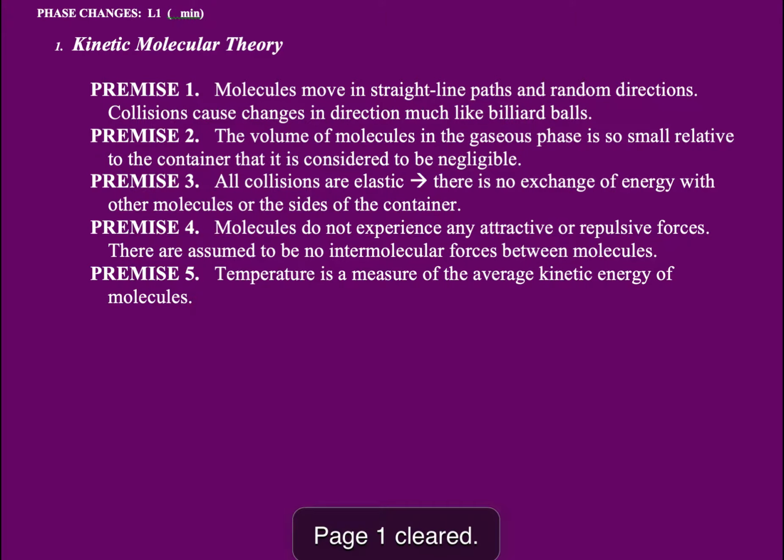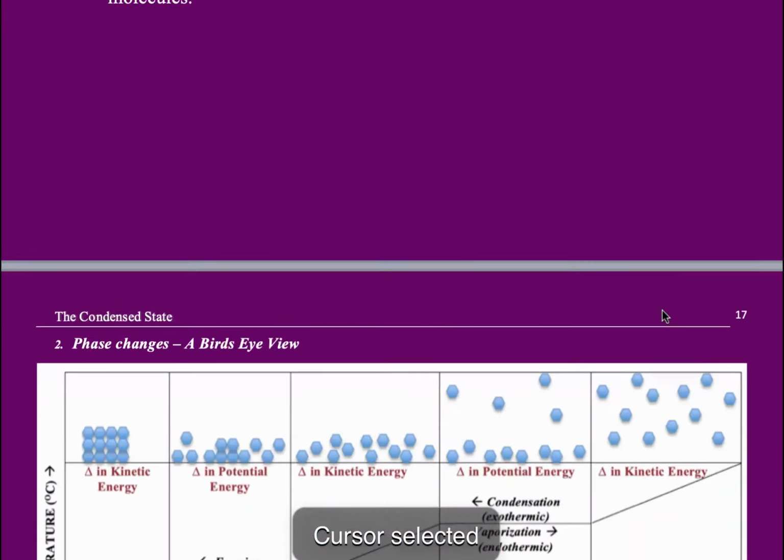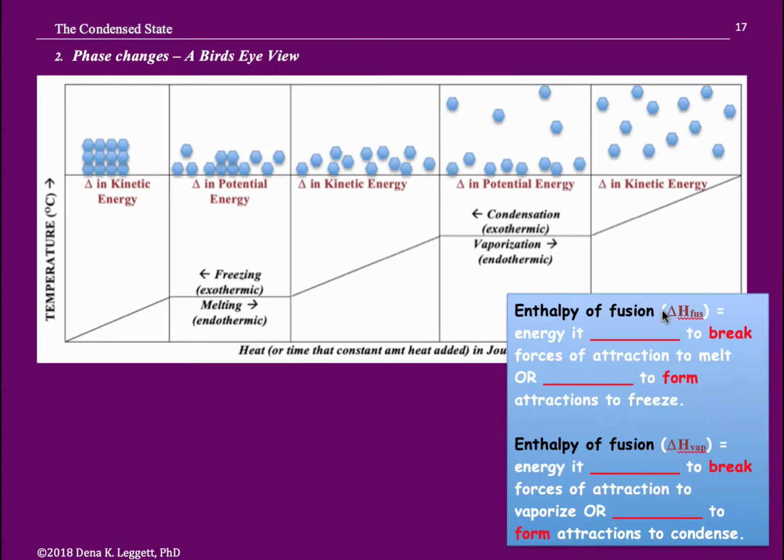So if we look at that on a heating curve, a cooling curve would be just the opposite. It would start high and go low. What we have here is heat added, or sometimes people will put time at a constant heat added, versus temperature. And we have 5 line segments that can happen. We can heat a solid, and a cooling curve would be just the opposite.